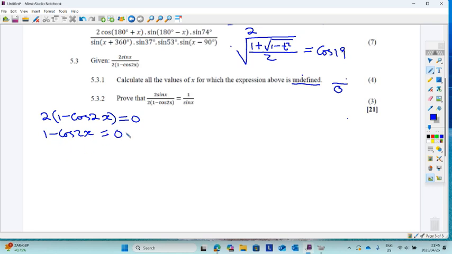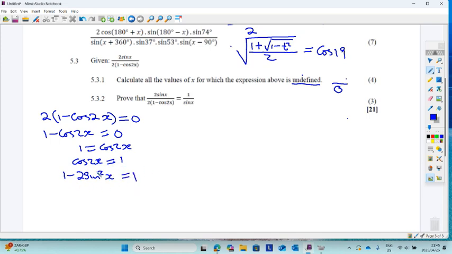And then take this to the other side, 1 is equal to cos 2x, or we can say cos 2x is equal to 1. And then change this one. This one changes to 1 minus 2 sine x squared, and that is equal to 1.